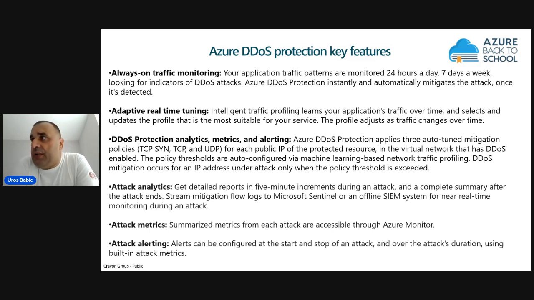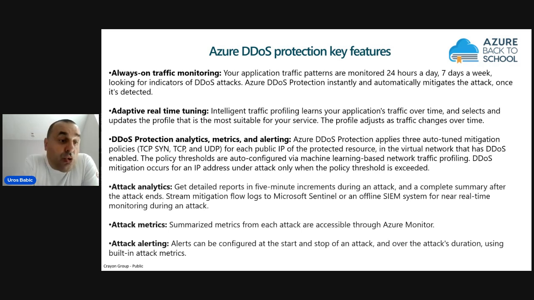DDoS protection metric analytics. We combine with a lot of DDoS protection plan like TCP SYN or TCP and UDP, and for each public IP I can define protected resources for my virtual network when I have my DDoS plan enabled.